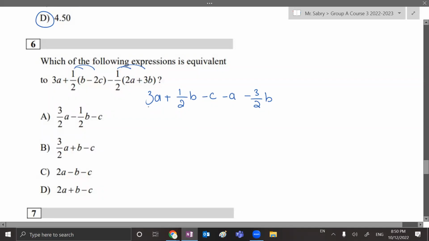Like terms together, I have 3a and minus a, that's 2a. I have half b and minus 3 over 2 b, that's negative b. And then I have the negative c, which goes at the end as it is with no like terms. So 2a minus b minus c, which means C is the correct answer. Any problems there?